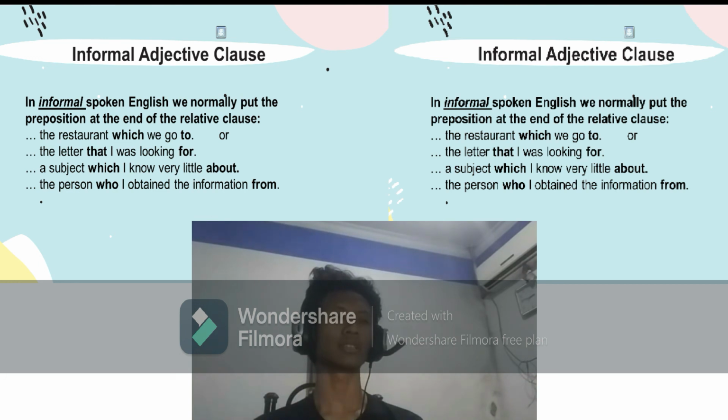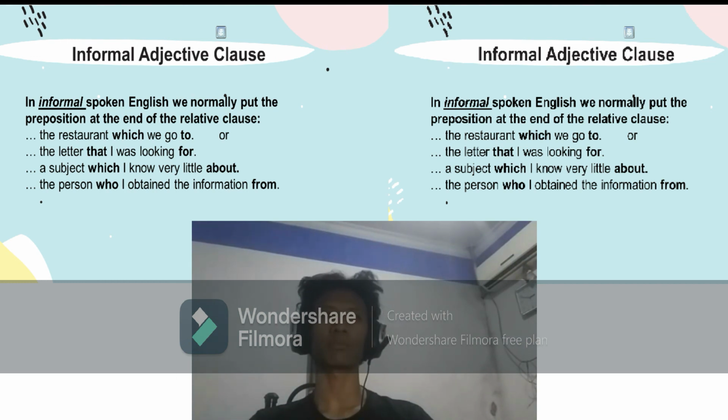That is usually used in informal situations such as everyday conversation. In formal writing, a preposition must always precede the object of a relative pronoun. Like the example, I remember the man that I accidentally hugged yesterday.